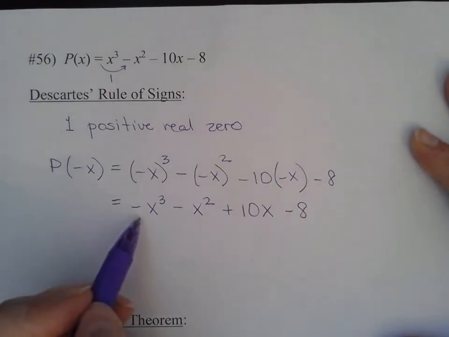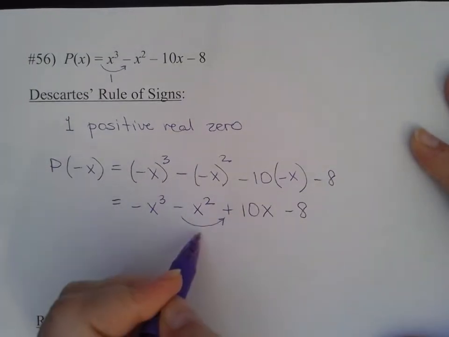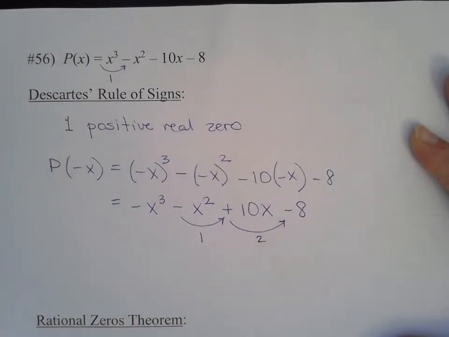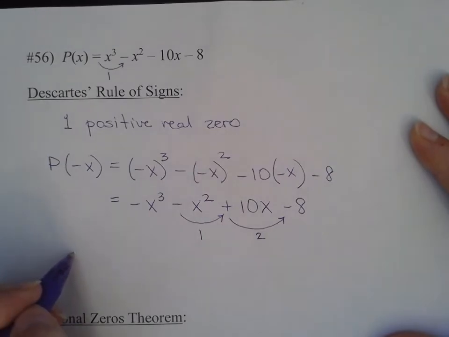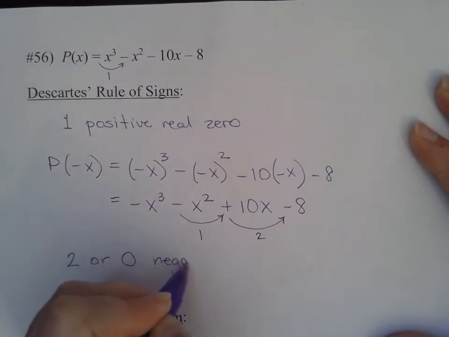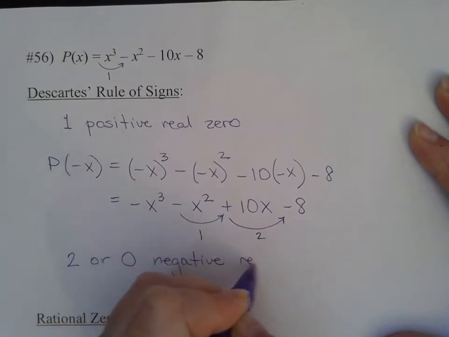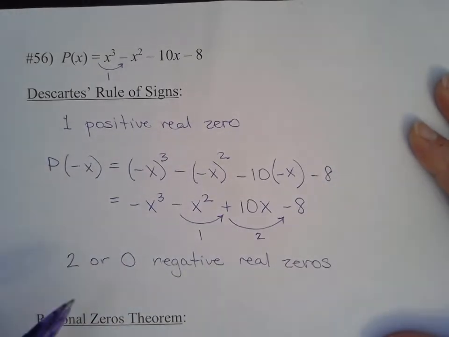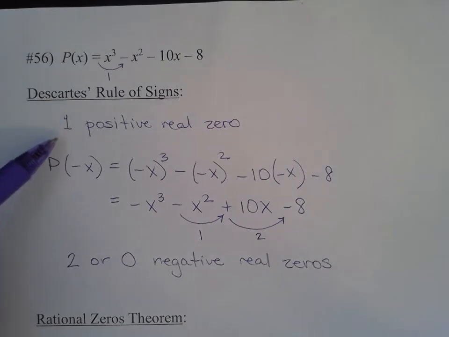So the changes in sign, I have 1 right here and 1 right here. So 2 variations in sign means I could have either 2 or 0 negative real zeros. So I'm not sure if I have a negative real zero. It could be 0 or it could be 2, but I am sure that I have one positive real zero. So it would be best for me to check all the positive possibilities.